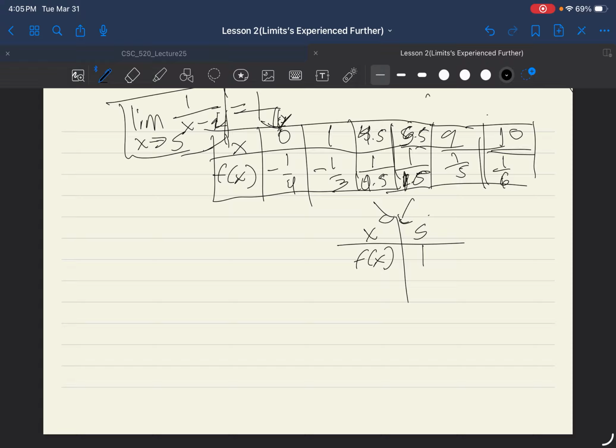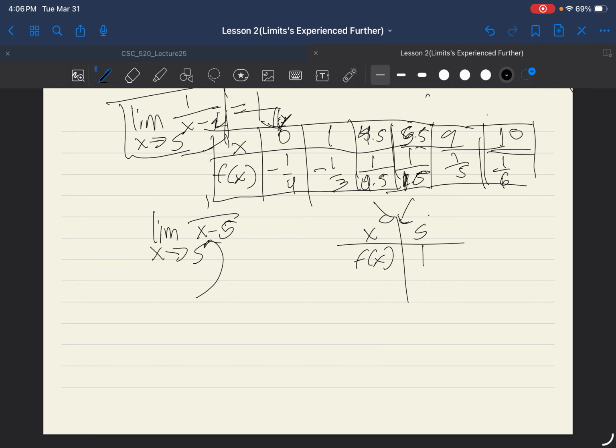I mean, obviously you could plug it in, but for other functions, you'll see that that will not be possible. But usually you're able to tell, like, the limit as x approaches 5 of 1 over x minus 5, right?